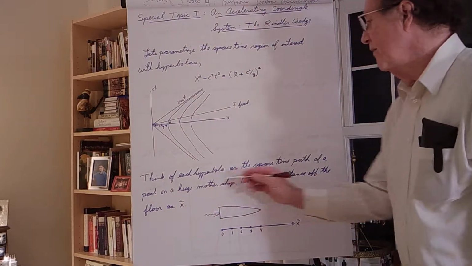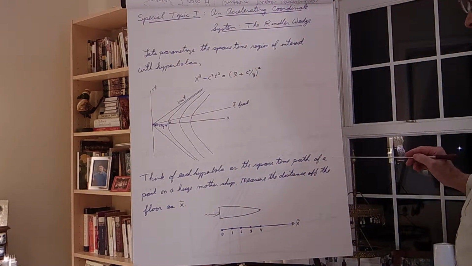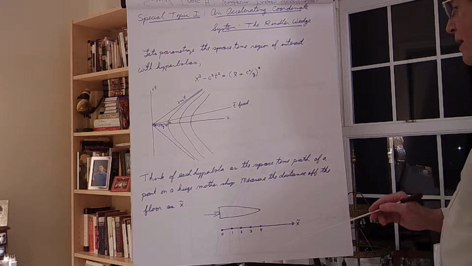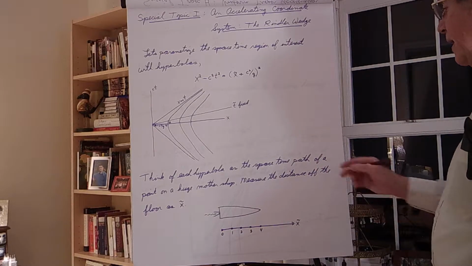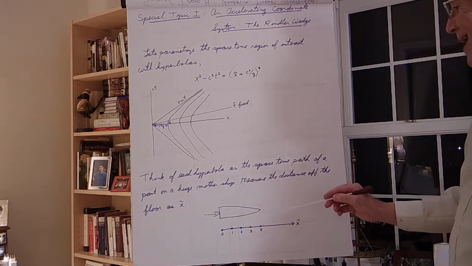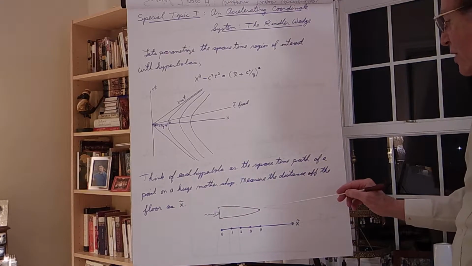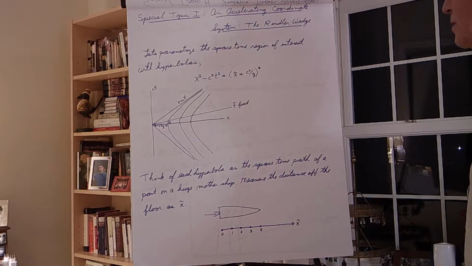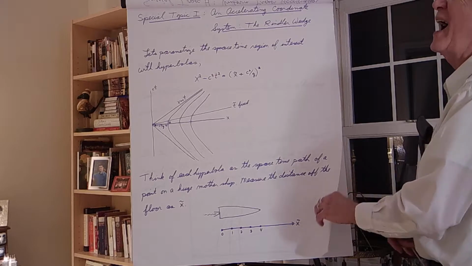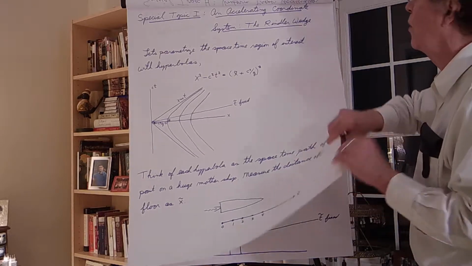I think of each hyperbola as a space-time path of a point on a huge mothership, like in the Star Wars movie, and I measure the distance off the floor as x tilde. Here's my rocket ship, and here's x tilde shown there. So this is really a very big rocket ship. I cannot approximate it by a point.